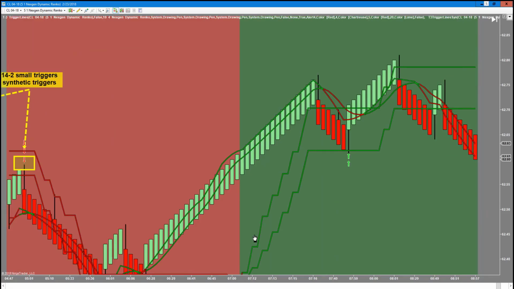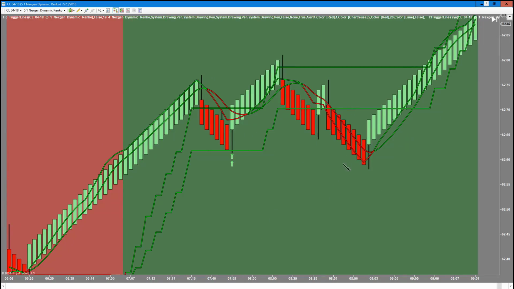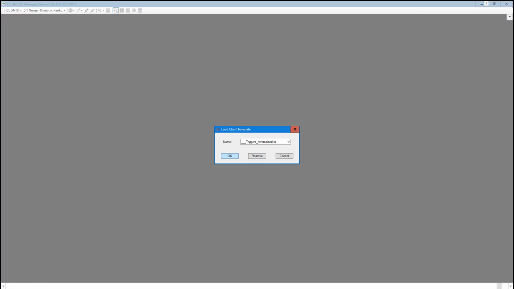However, there are some instances where the small triggers will physically be on the wrong side of our 14.2 triggers, and we'll still do a trade. I'm going to load for you really quickly just the trigger lines and the 14.2 reversal bar marker, so you can start to see how these things come together.